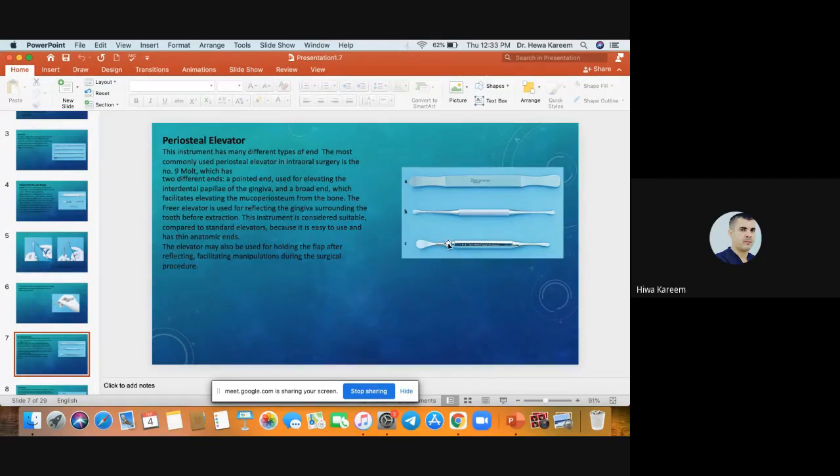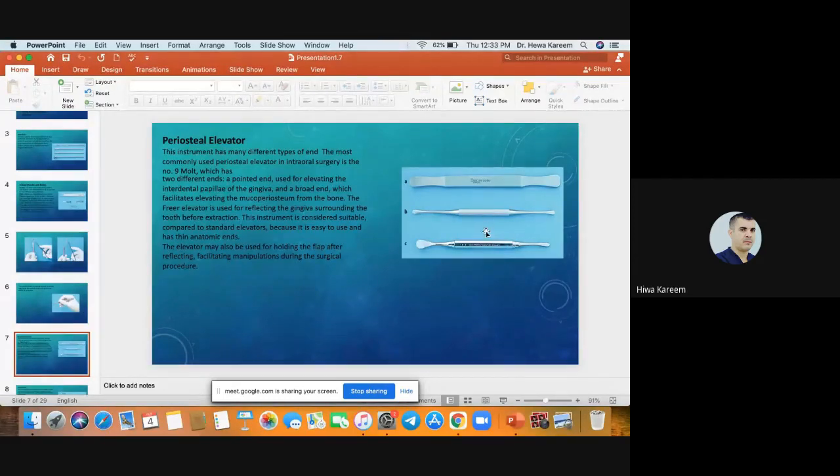The periosteal elevator is used for reflection of the gingiva surrounding the tooth before extraction. This instrument is considered suitable compared to a standard elevator because it is easy to use and has a thin anatomical end.